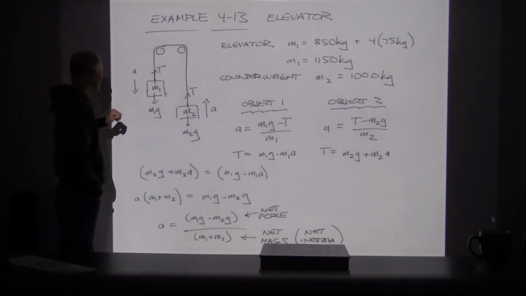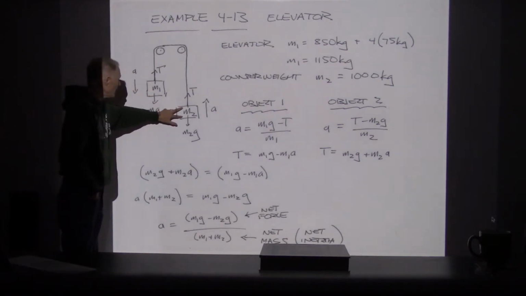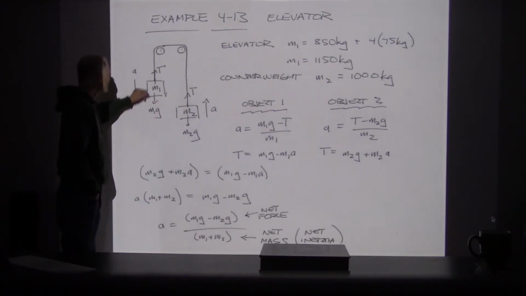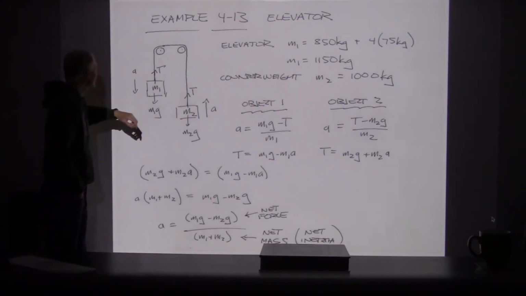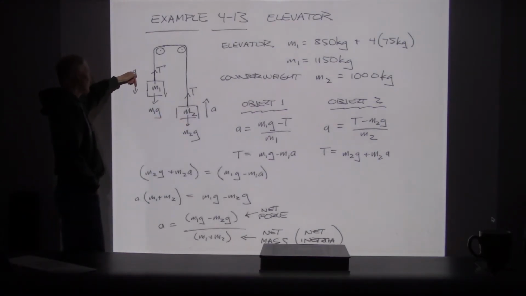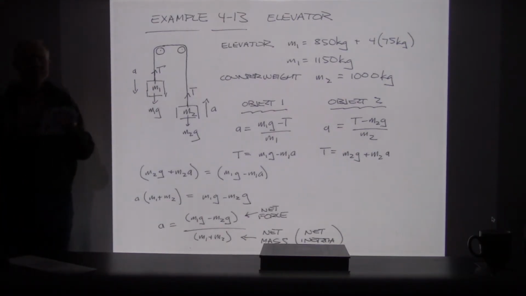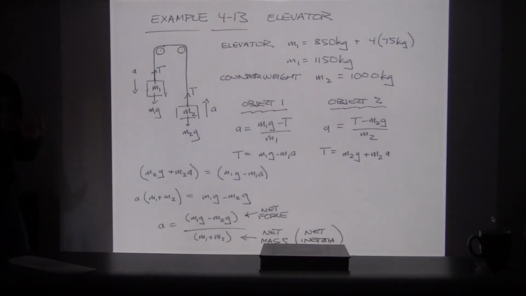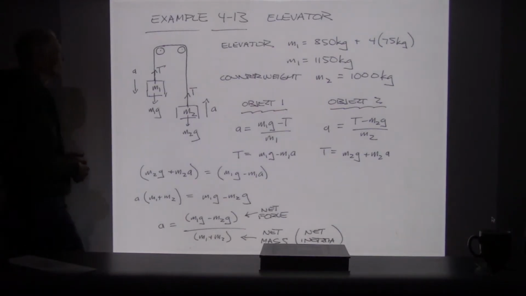Okay, so I got it set up more familiarly for myself. Here's mass 1, mass 2, m1g for the gravitational force, m2g here, and I am drawing in the acceleration arrows, and I'm drawing them off to the side. Accelerations are not forces. Accelerations are motion. They're telling me about the motion.